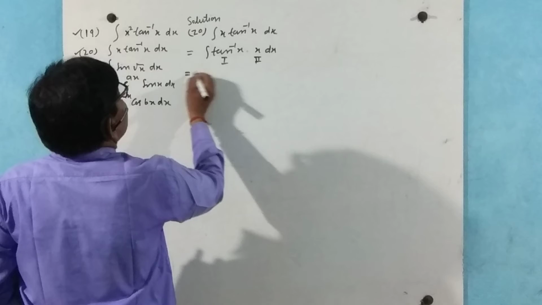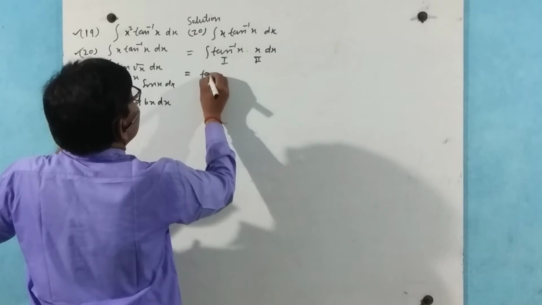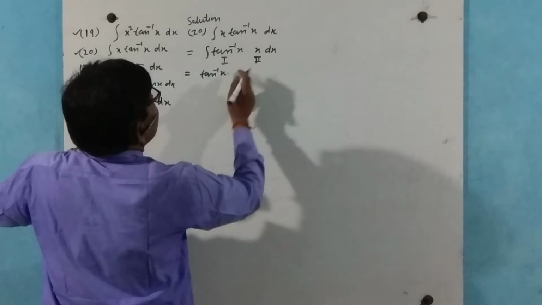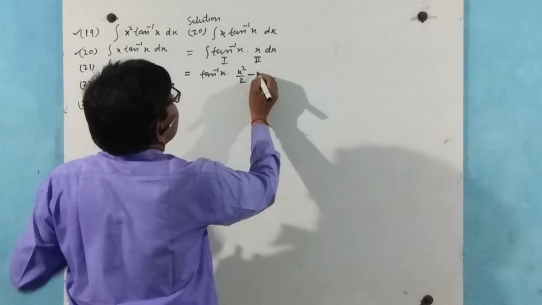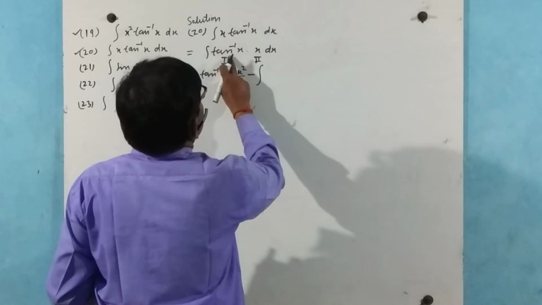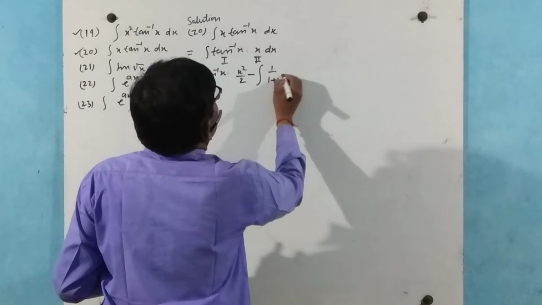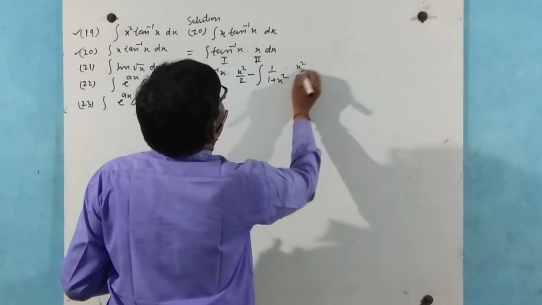So the first term tan inverse x times the integration of the second term, which is x square by 2, minus the integration of the differentiation of the first term, 1 by 1 plus x square, times x square by 2.